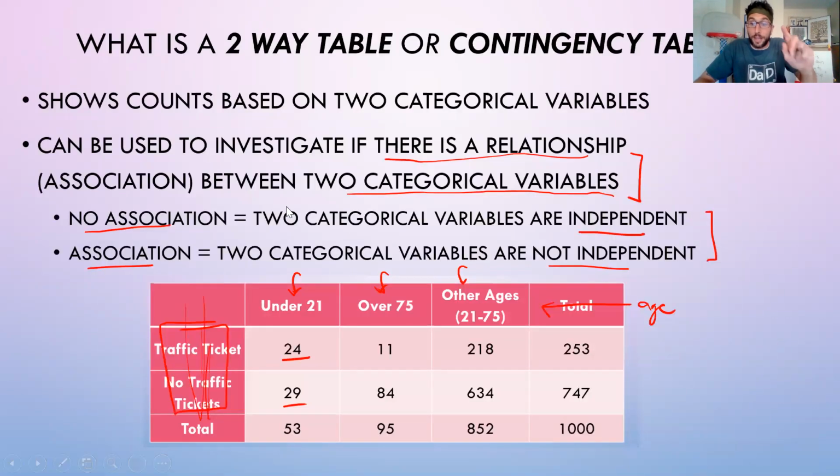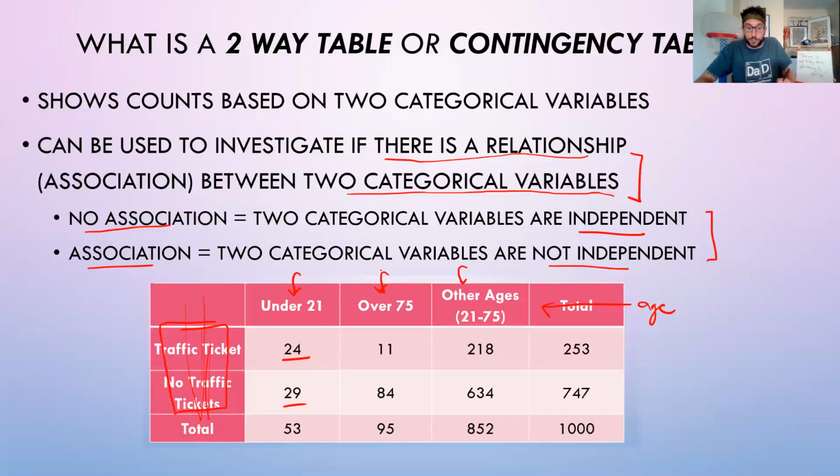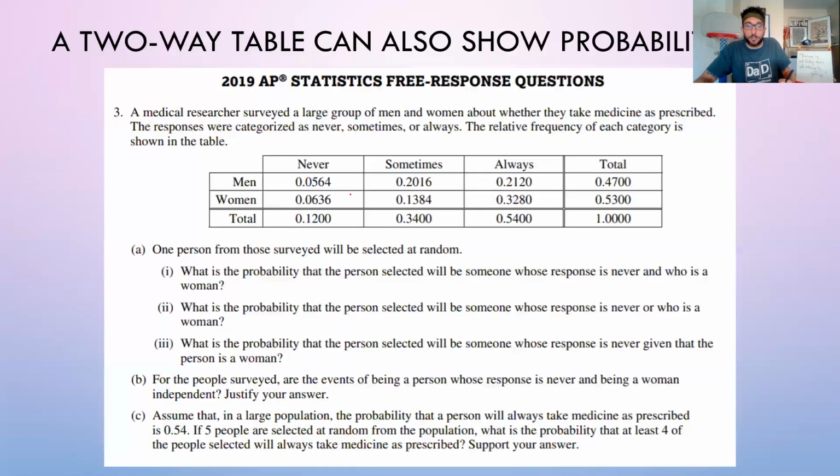Side note, all SAT probability is based on two-way tables. So we'll have a full probability unit where we get into some more complex stuff, a lot more complex stuff, right? All SAT probability is based on these. A two-way table doesn't have to show just numbers of people or things in each cell or each box. A two-way table can also show probability.